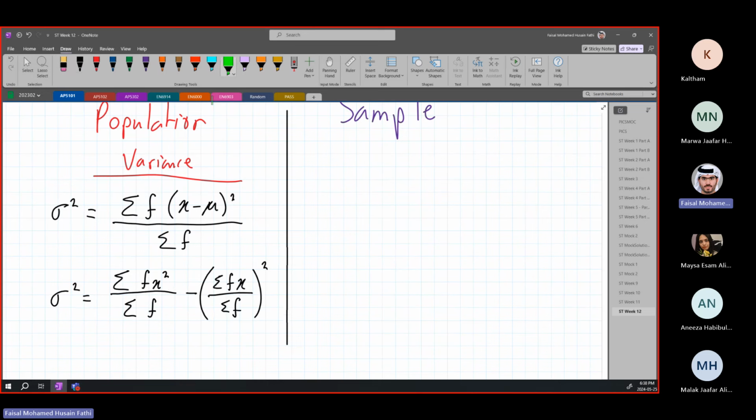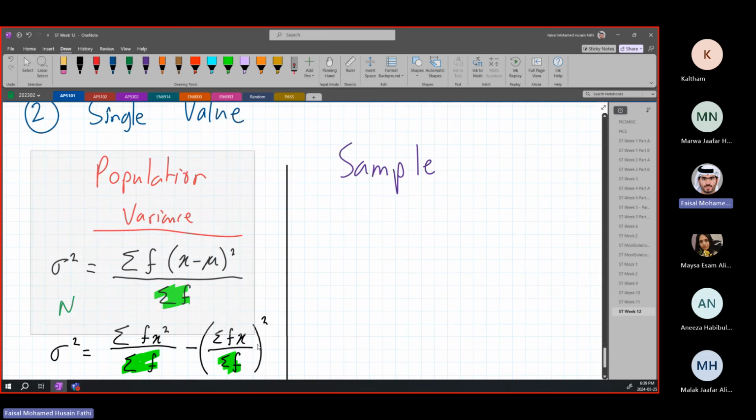Remember again, this sigma f is also known as n, the total number of everything, which is the summation of our frequency. So this is in the case of the population variance.